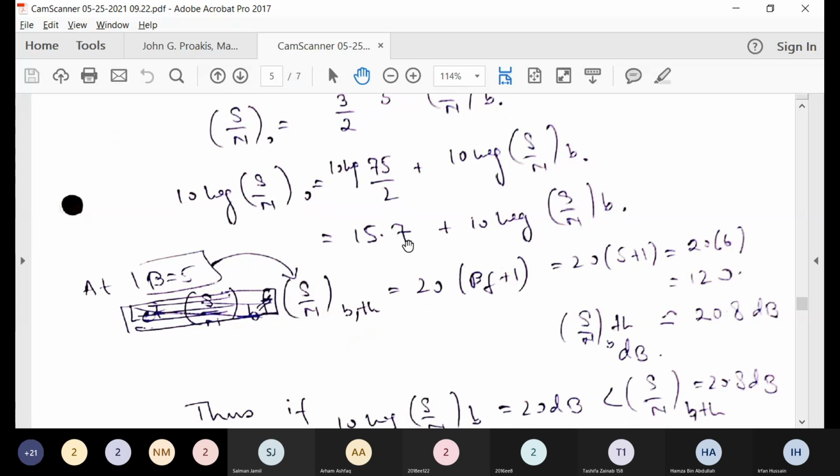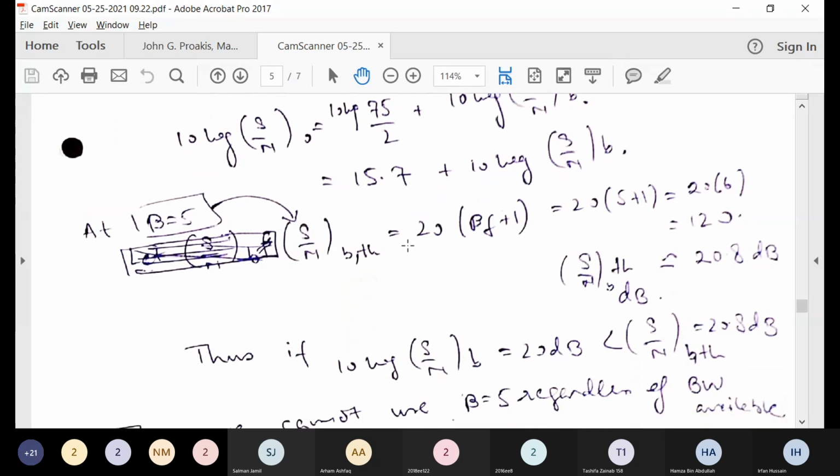So we must have the signal to noise ratio at the baseband level greater than 20.8 dB. Let us say the signal to noise ratio at the baseband level is 20 dB, but we know 20 dB is less than the threshold.